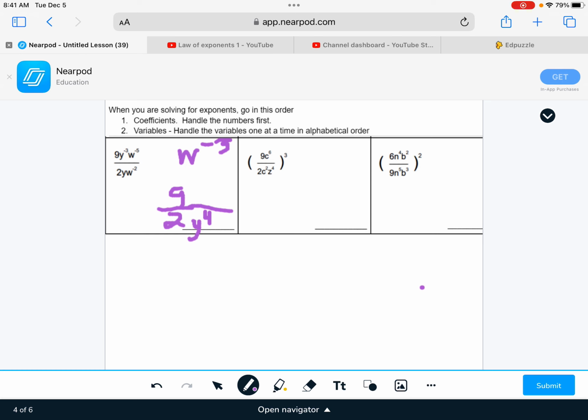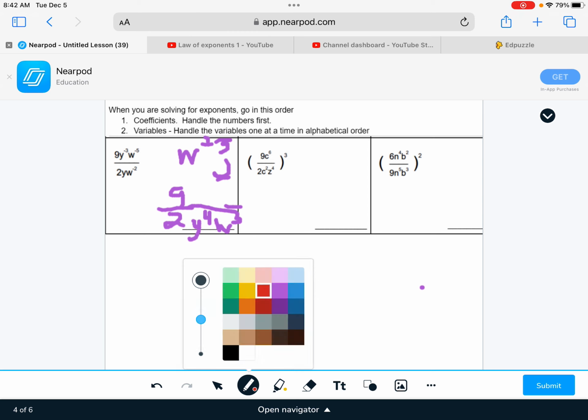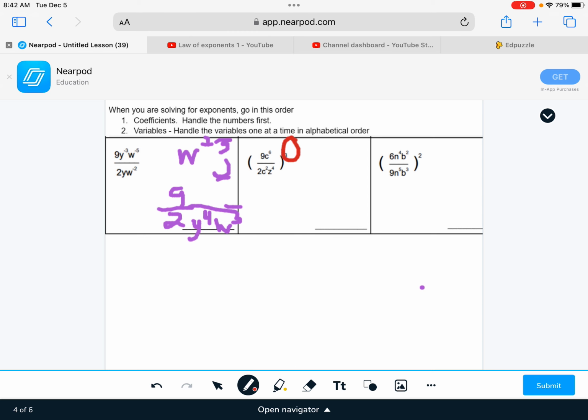If you think really carefully about that w to the -3, if that's on top, to switch it, you can switch it to the +3 and put it on bottom. So w to the 3 on the bottom, that's going to be our fraction. Where it gets a little bit crazier is when we start applying this 3 on the outside. You have to be able to cube all of these numbers.